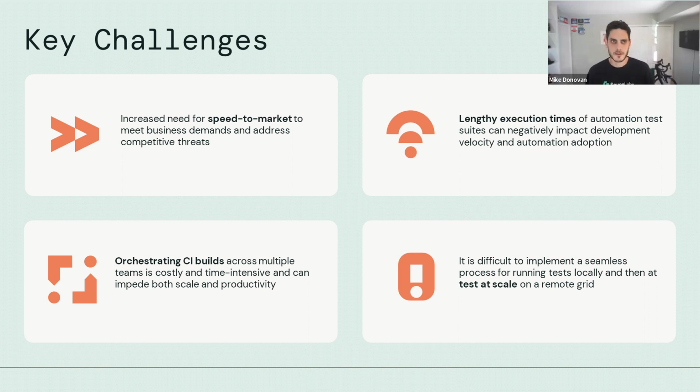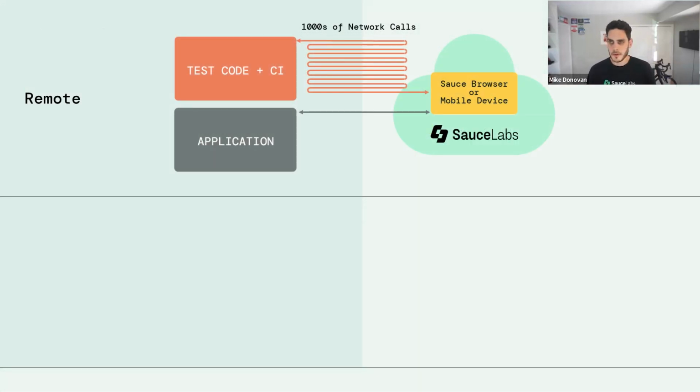And I think the best way to describe this new product is to contrast it with how you currently interact with Sauce Labs and really any remote cloud provider for running tests. So in a remote world, the world of today, your test code runs in your CI environment or your local environment from outside of Sauce Labs or outside of really any remote provider.